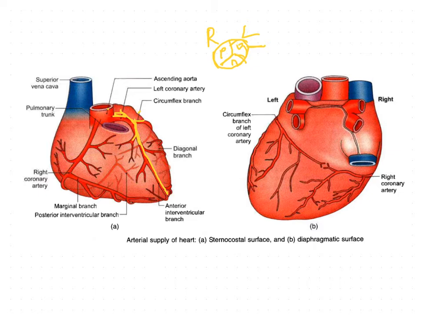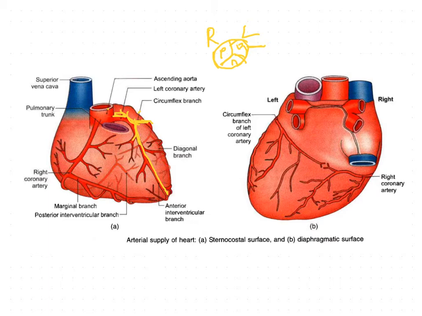After giving this branch, the further continuation of the coronary artery is sometimes called the circumflex artery, and this runs to the left anterior coronary sulcus.